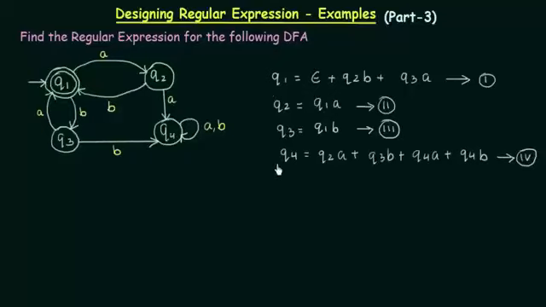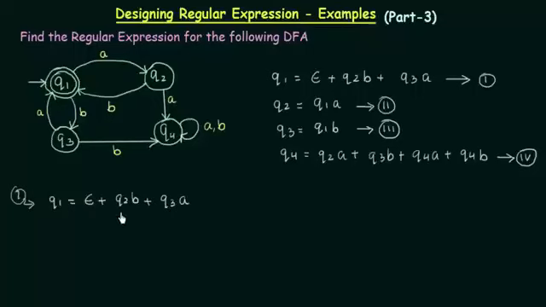Okay, so now we have written the equations for all the states. Now let us take the final state and try to simplify it. The final state is Q1, so I take equation number 1, and that is Q1 equals epsilon plus Q2B plus Q3A.